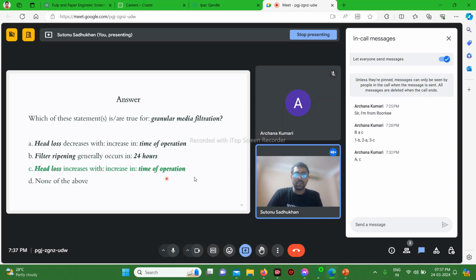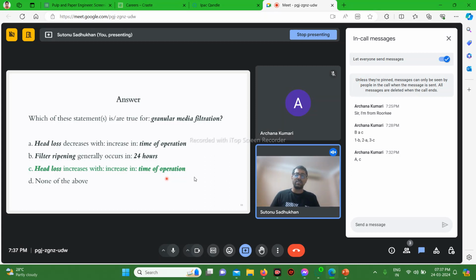But ripening will not occur within a day. Ripening basically means there are so many deposits in the filter media that it has ripened. It will not occur within 24 hours because before that they will give the backwash. If there is no proper backwash, then only the filter ripening will occur, after a week or so, not within a day.